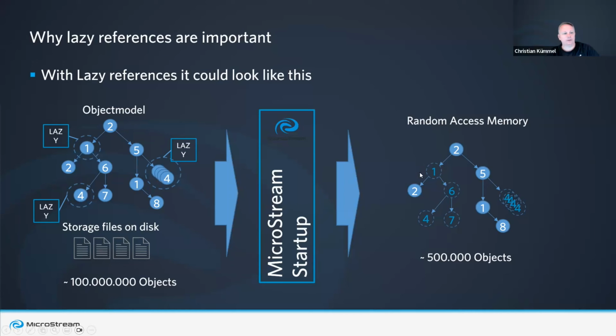When we load this one, then the 4 will still stay on the hard disk until we call the get method on 4, and then you will get the data. It's the same on 4 here. That's basically how it works.